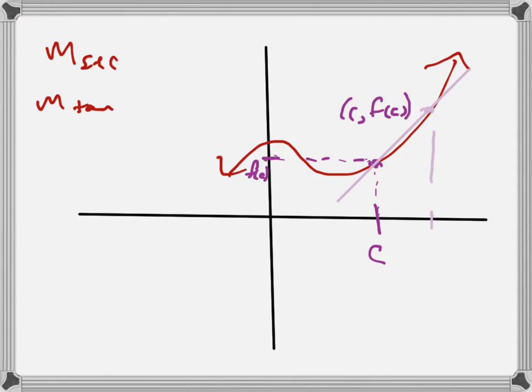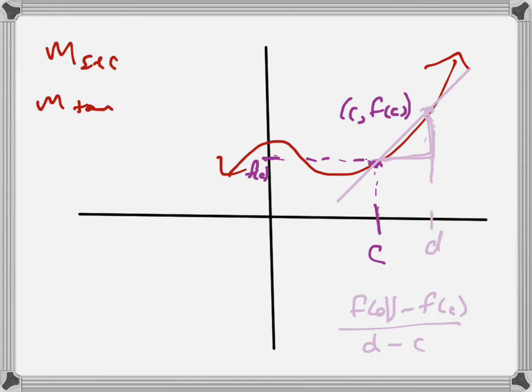Let's say this point right here is D. To find the slope of that secant line, it would be f of D minus f of C, that's the rise, over the run, D minus C. That would be the slope of this line. It's rise over run.